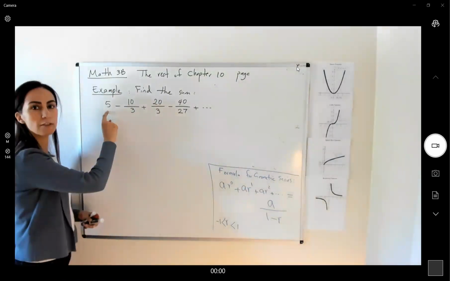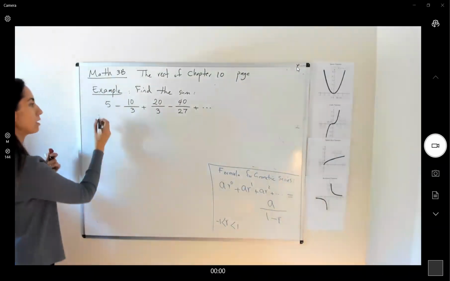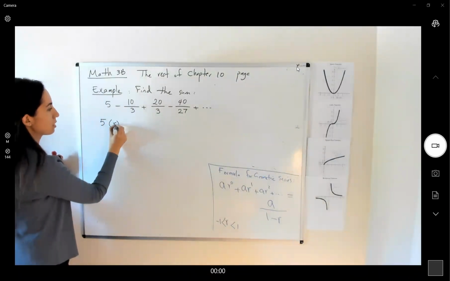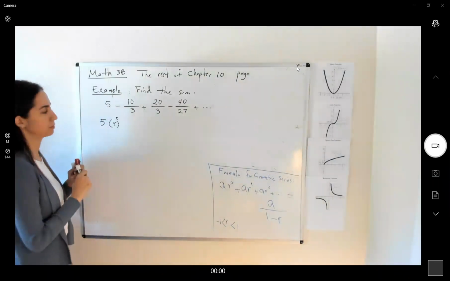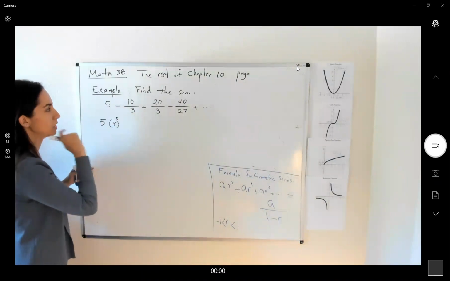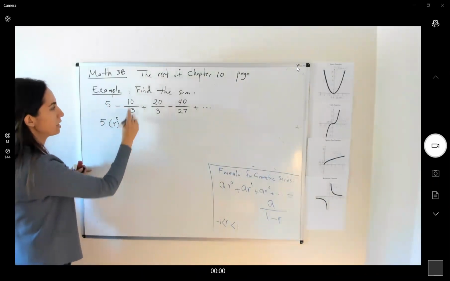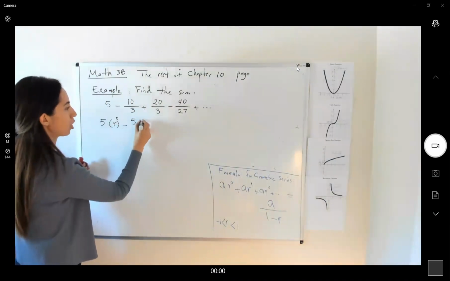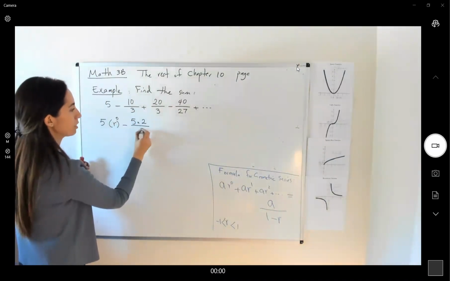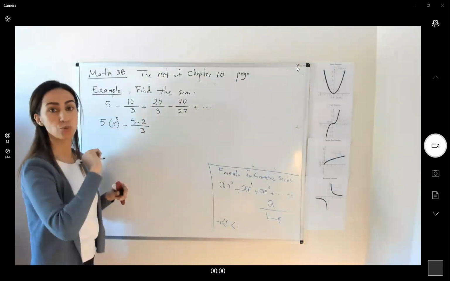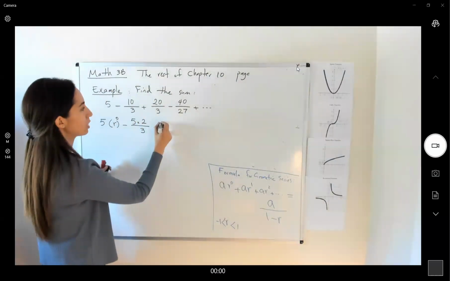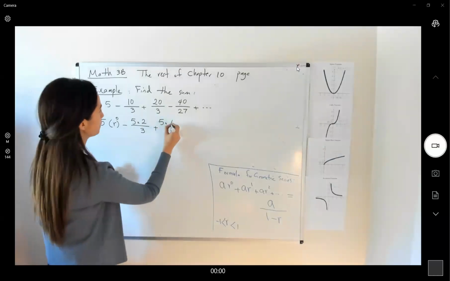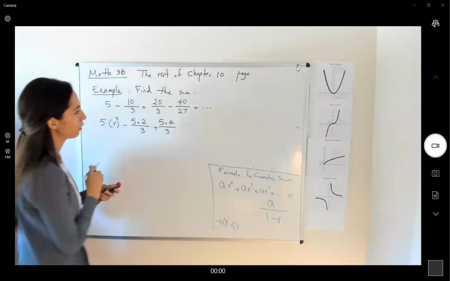The first term is 5. So here I have 5 times whatever r is raised to 0, my ratio raised to 0. Then I have -10, which is 5 times 2 divided by 3. Then I have 20, which is 5 times 4 divided by 9.